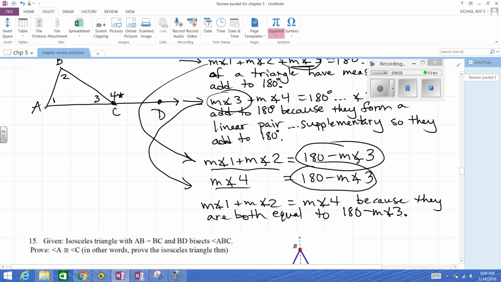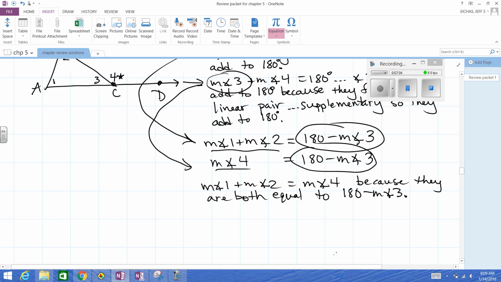I know you don't have to do a full-on proof. I'm probably going overboard, but I want to make sure that we get this done.